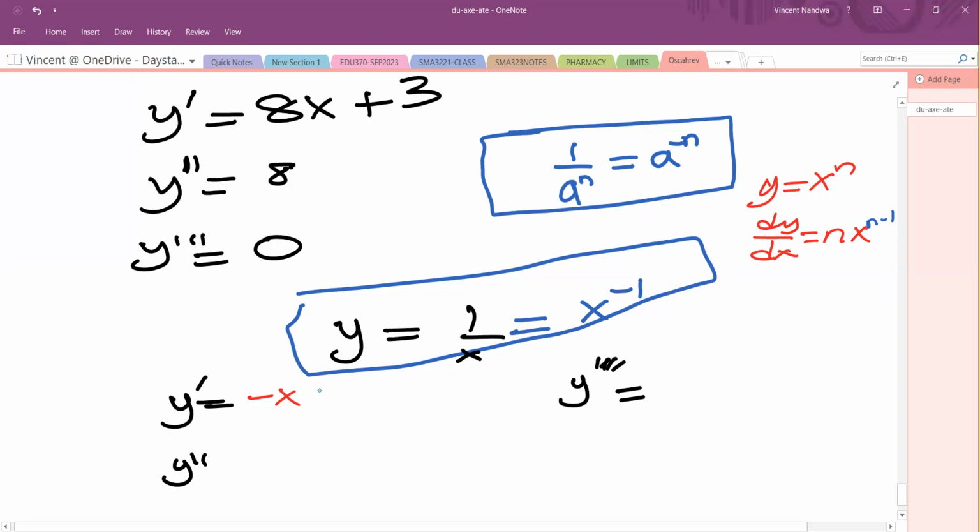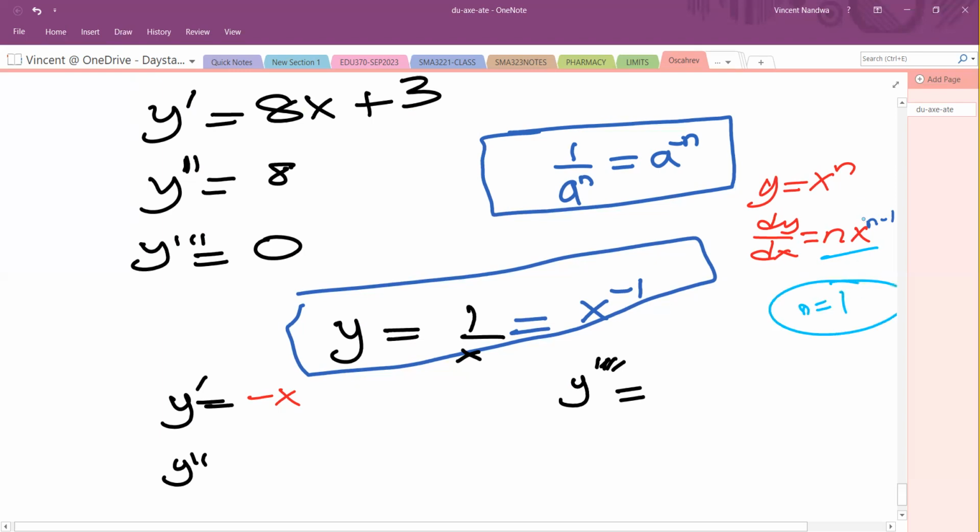Just apply the same thing we have done here. You know what your n is, so just replace it into the formula and tell me the simplified expression. For this case, n will be -1.